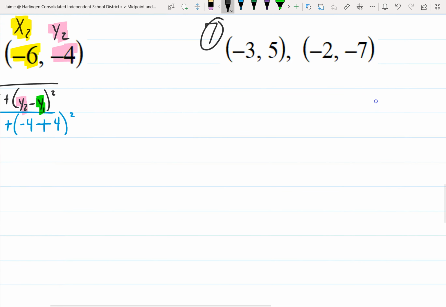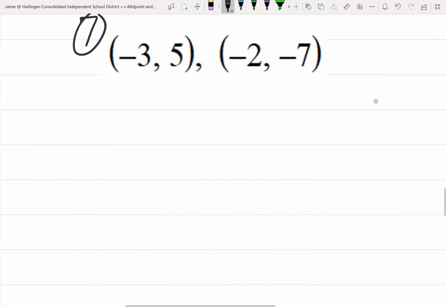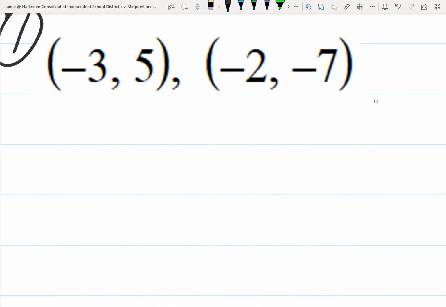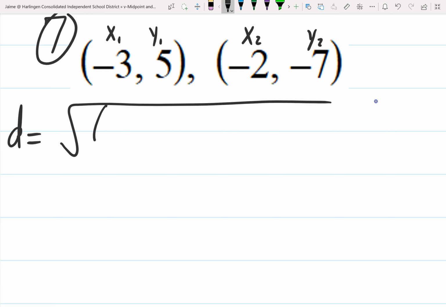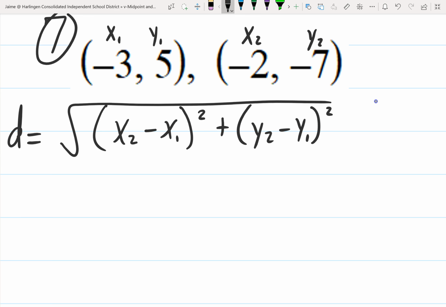We'll do the next one over here, number 7. First things first, label: x1, y1, x2, y2. The distance formula. The distance is equal to the square root of x2 minus x1 squared plus y2 minus y1 squared. x2 right there, so -2.